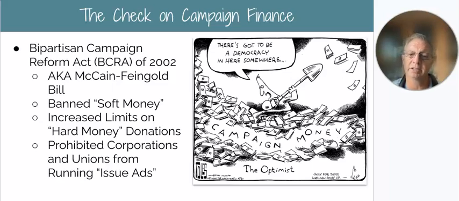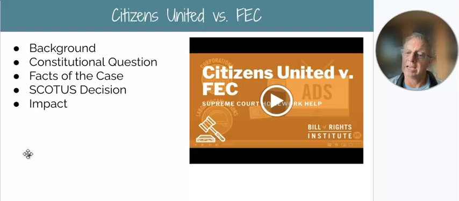So there was an earlier attempt at limiting campaign finance and how those rules operate, but that is no longer the case, as you'll see in the next section. This is the case that changed it all. Here you will watch a quick film on Citizens United versus the FEC. Once you are done with that, check in with your partner to make sure that you understand the impact of its process moving forward.